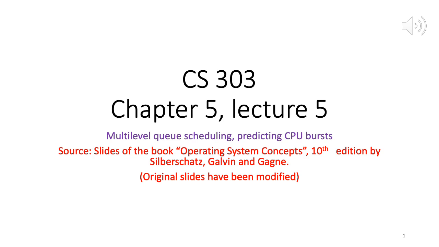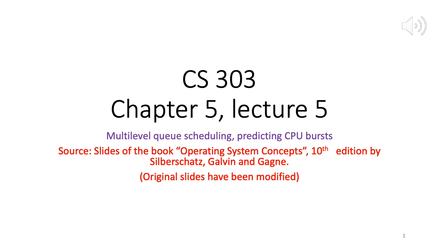And then the CPU scheduler, based on the algorithm it is using, will pick up the next task from the ready queue. Now we will look at a special case in which we have not one but many ready queues. Why do we need it? How does it work? We will be discussing that.